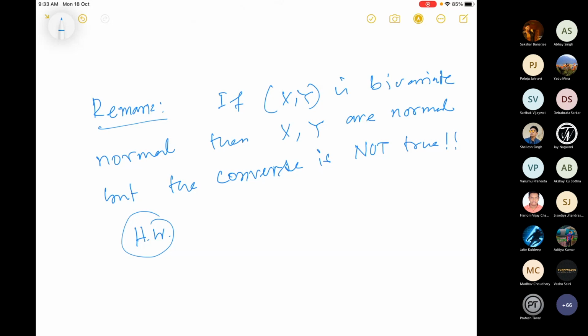Can anybody give me an example where you have a pair of random variables whose joint PDF is not normal, but the marginal distributions are normal? This is an interesting case.